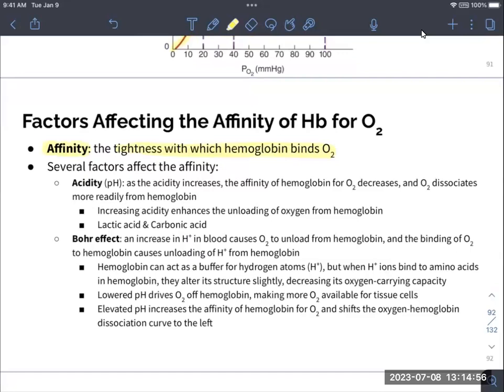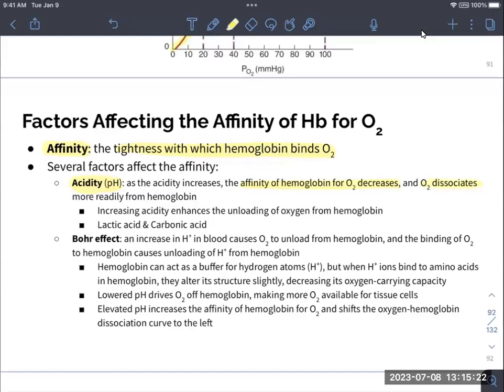So in acidity, when that pH is too low, that affinity of hemoglobin for oxygen decreases. So oxygen detaches from hemoglobin a lot easier.